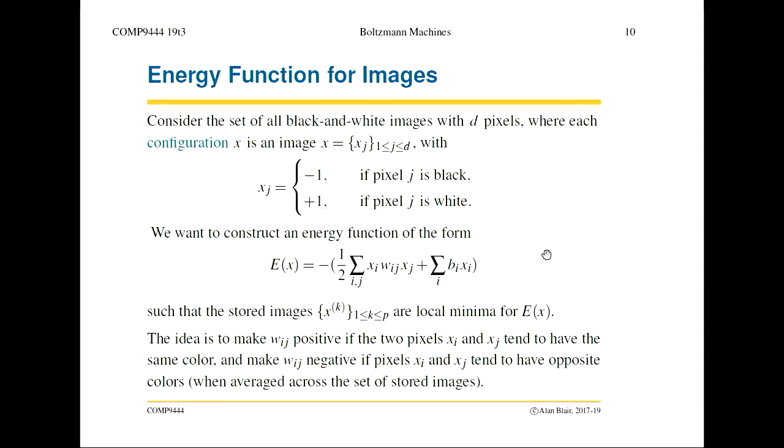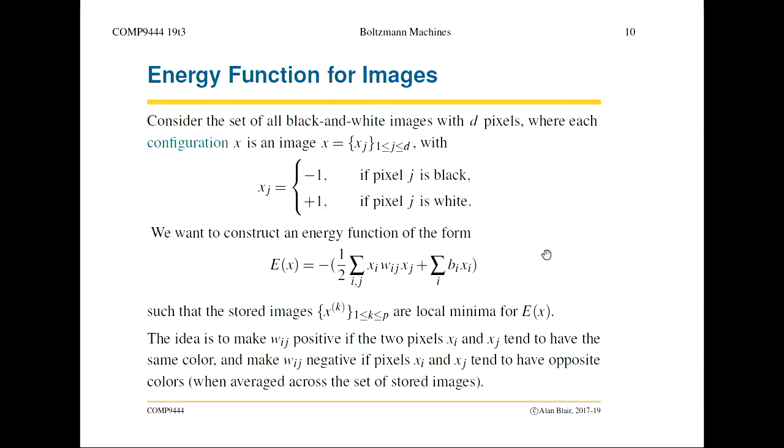If wij is positive, then if xi and xj are both equal to +1 or both equal to -1, then wij will be subtracted from the energy, taking us to a lower energy.